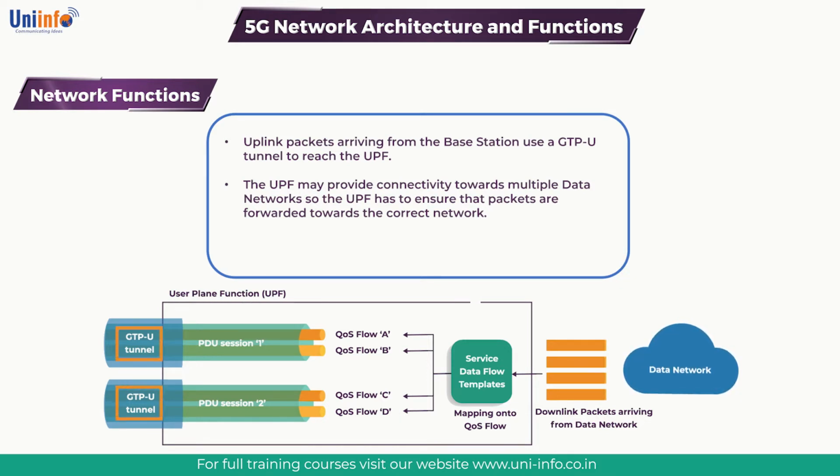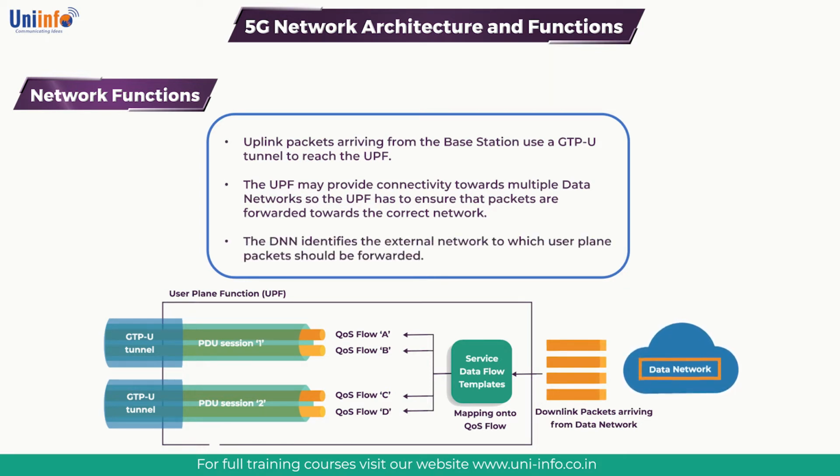Each GTP-U tunnel belongs to a specific PDU session, and each PDU session is set up towards a specific data network name. The DNN identifies the external network to which plain packets should be forwarded. Thus, the UPF has to keep a record of the mapping between GTP-U tunnel, PDU session, and DNN.